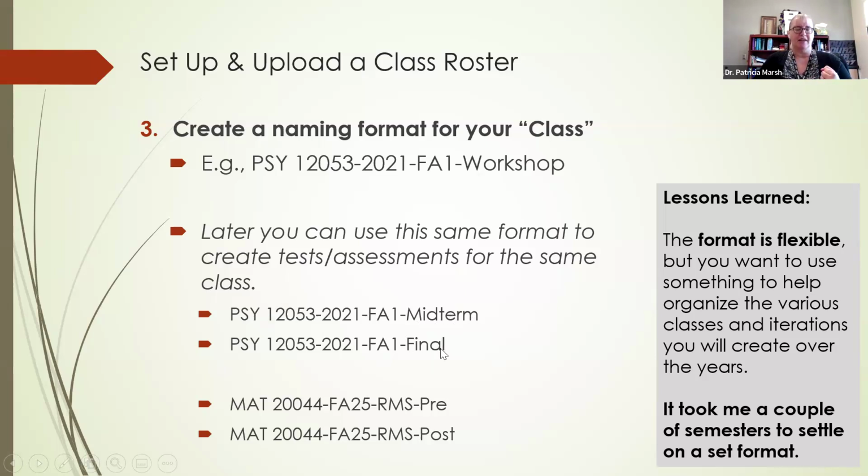So I just add the assessment name at the end. So I keep the formatting the same up front, and that just saves me time in coordinating and linking data together in Zipgrade. So that's something I strongly recommend, that you have a naming system and you stick with it. That way you don't accidentally intermix different classes or different sections.